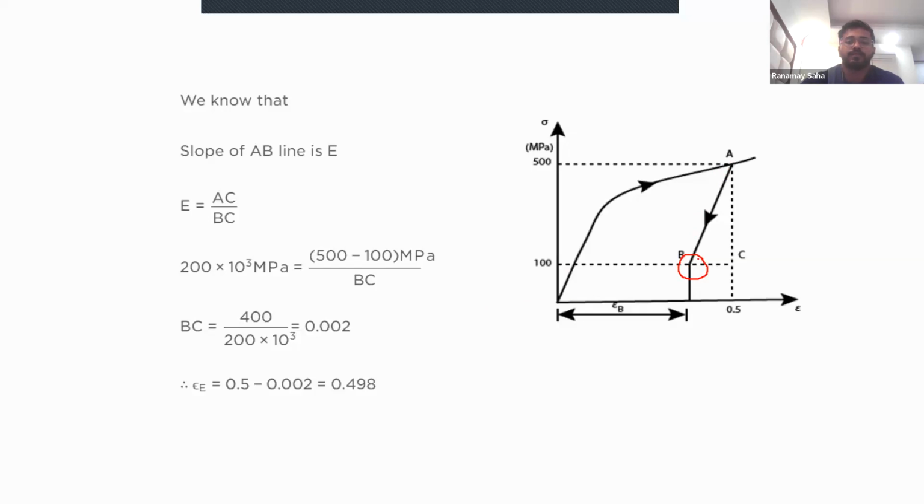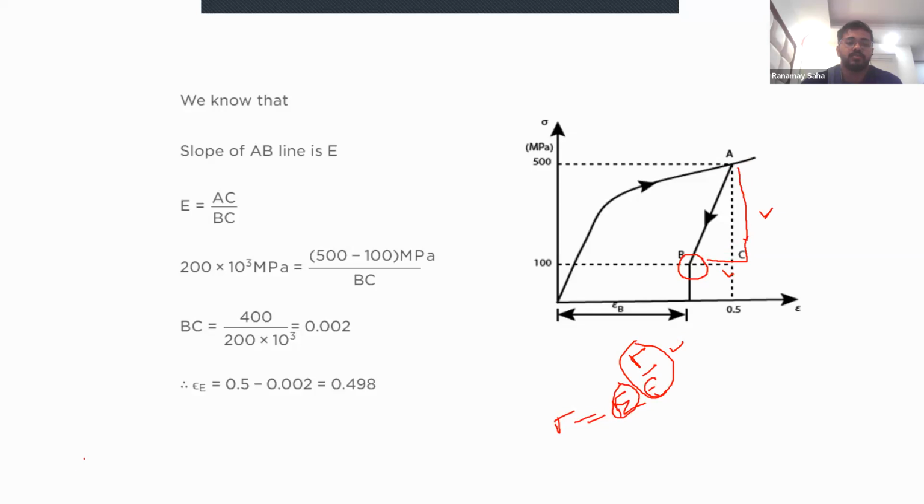So you can find out the E as your AC by BC, and you know that your sigma happens to be your Young's modulus into your strain, of course. Now what does E become? Sigma by epsilon, okay. Now that is nothing but the slope of this line, AC by BC.